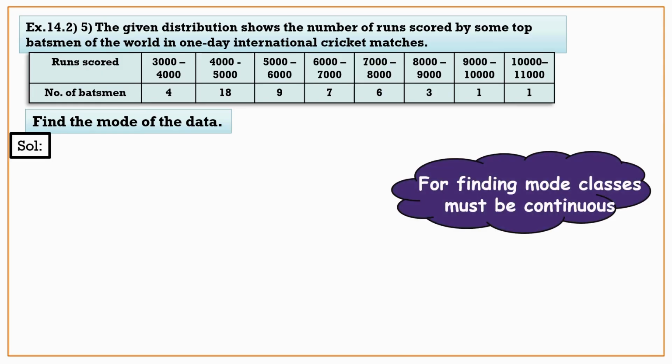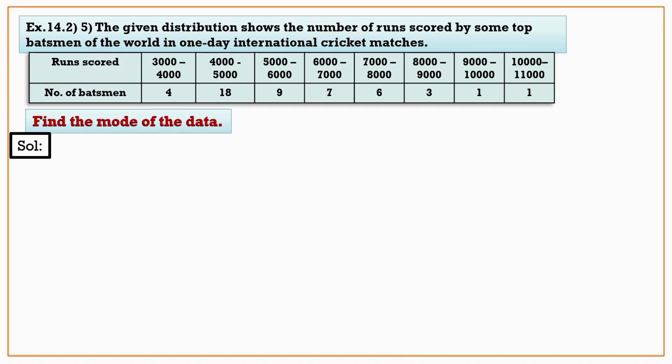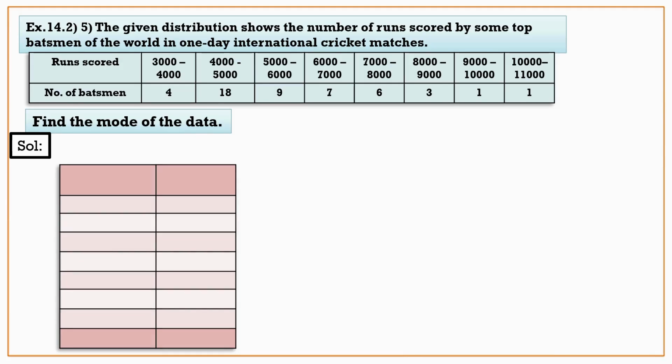So let's here also check that for finding mode, classes must be continuous. So let us check whether the class is continuous or not. Yes. If you check that 3000 to 4000, then we have 4000 to 5000. So that means it is continuous. Then 5000 to 6000, that is also continuous. Then we have 6000.